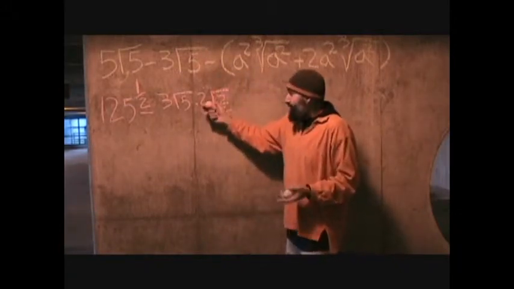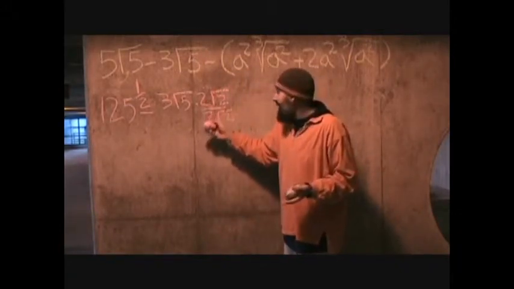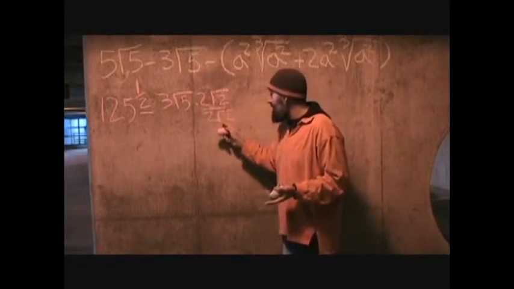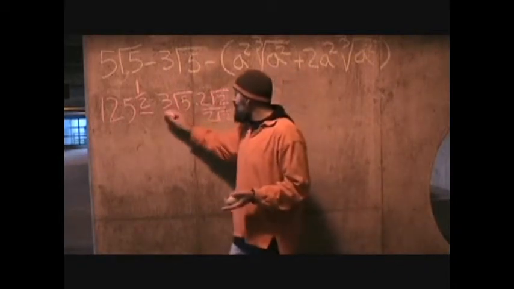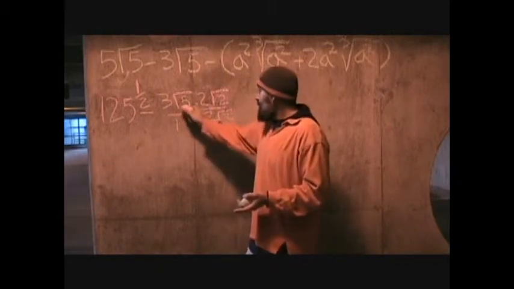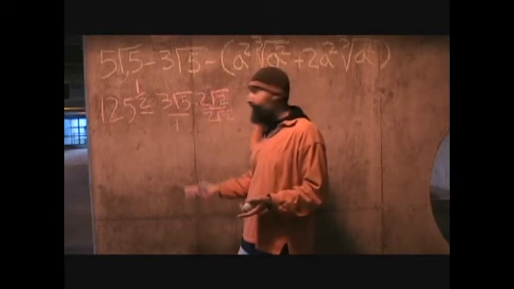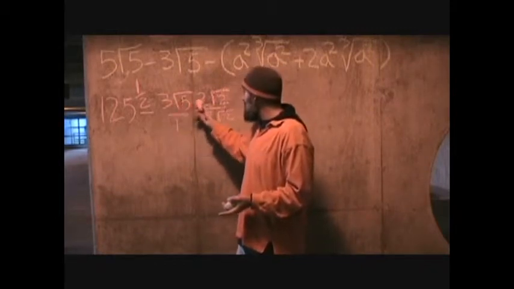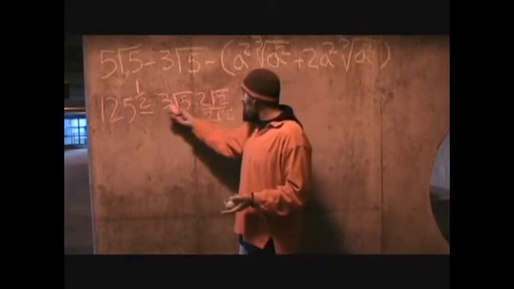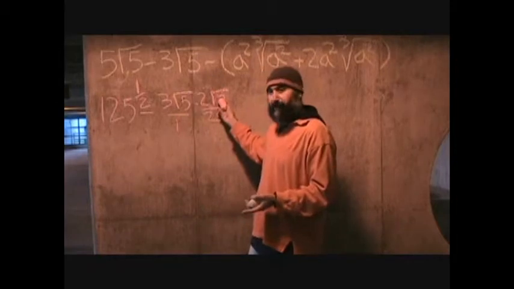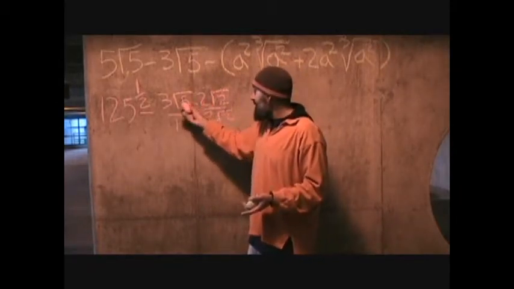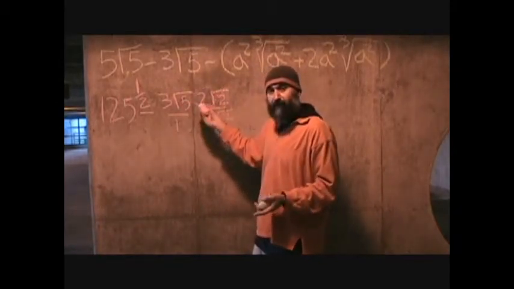If you remember your fractions, this will kill this and this will kill this, so that's just 1. When you're multiplying fractions, top multiplies top, bottom multiplies bottom. So 3 square root 5 times 2 square root 2: the number multiplies the number, radical multiplies radical. 3 times 2 is 6. Root 5 times root 2 is root 10.